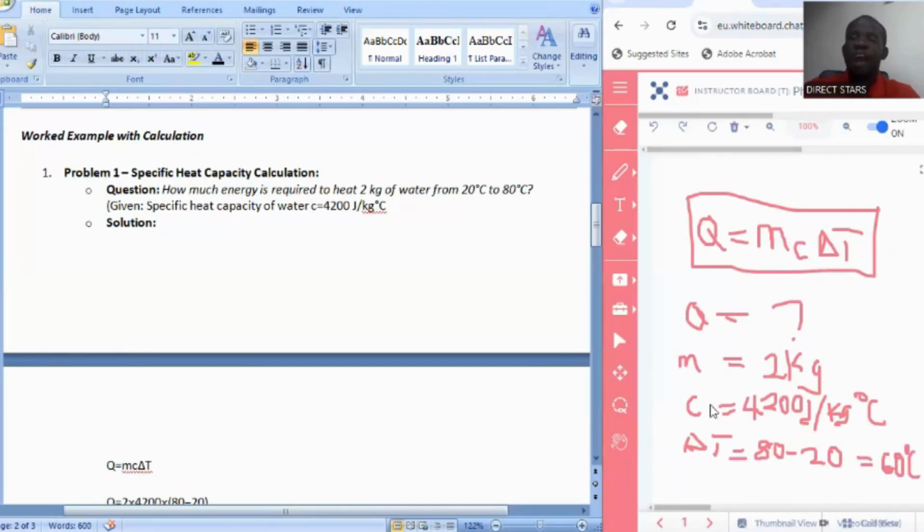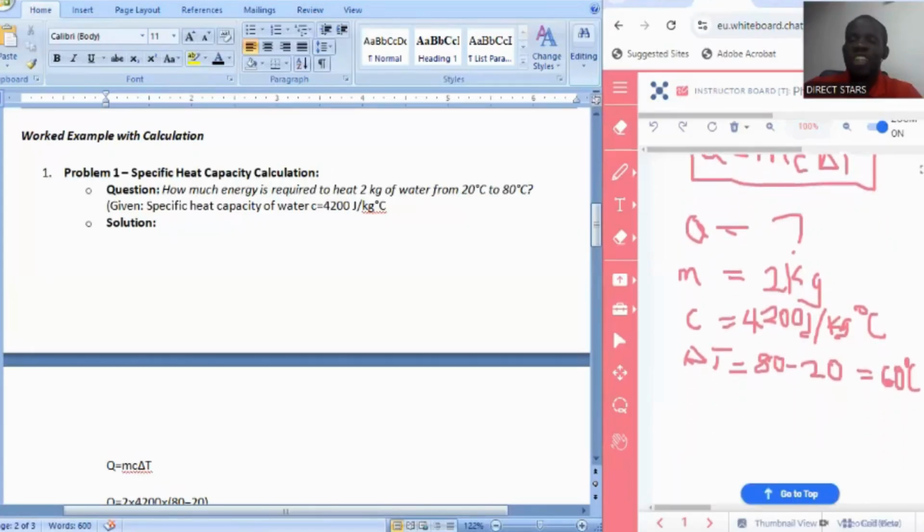So here we have all our values. What we just need to do is slot the values into the formula. So Q will be equal to the mass, 2 kg, multiplied by 4,200, multiplied by 60.